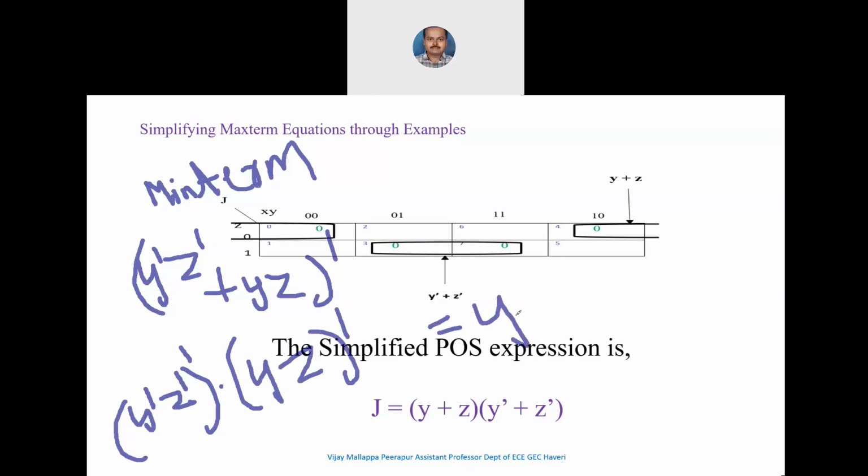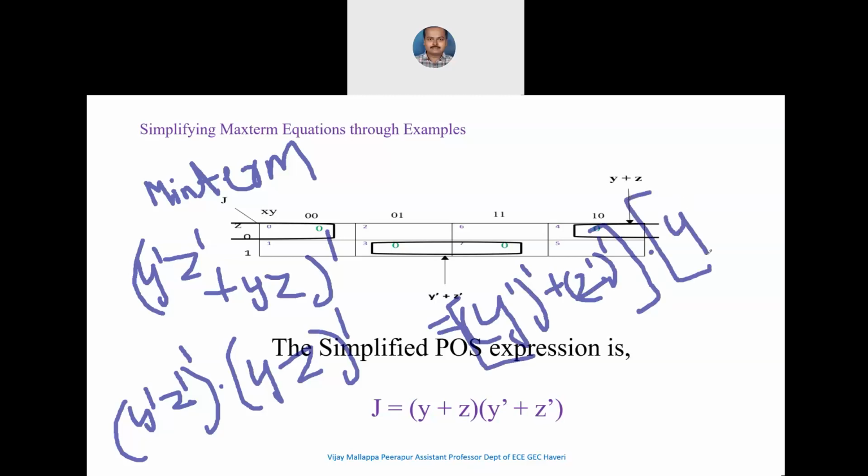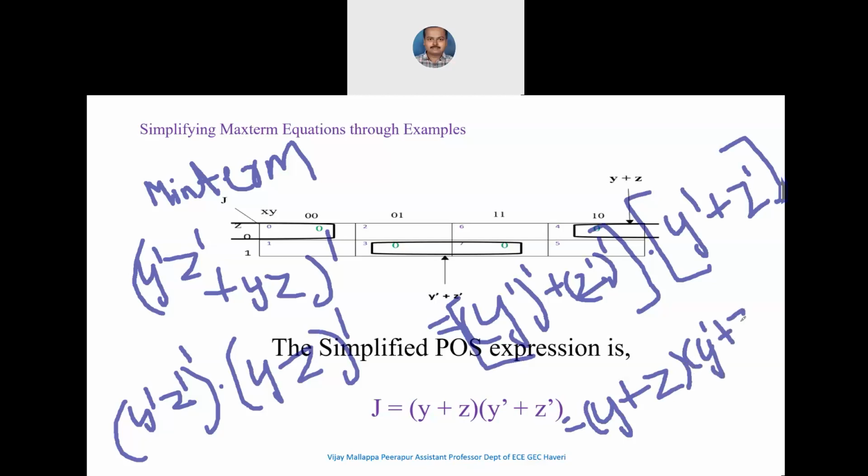Y bar whole bar, or z bar whole bar, and again apply De Morgan's theorem: y bar or z bar. The double bar is nothing but the same variable. So we get y bar or z bar, the same equation here.